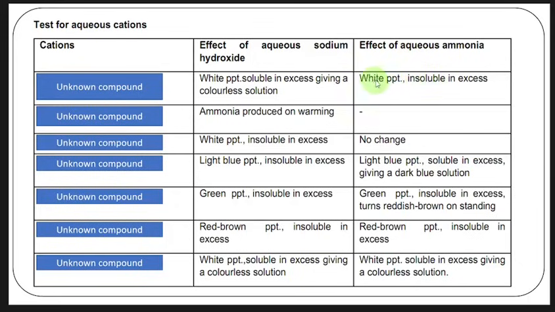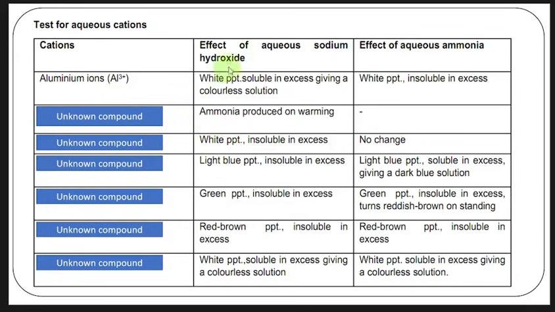Then that compound, having these results, is expected to contain ammonium ions. Ammonium ions will be the cation in that compound you were testing.